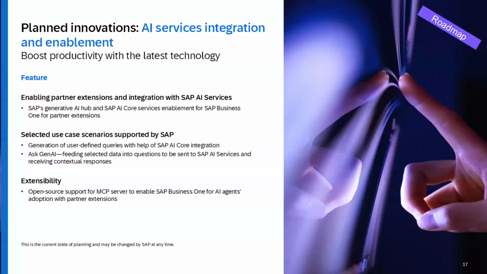But in addition to that, we have various use cases that we want to deliver. We're delivering the first two, Ask AI and AI UDQ, with 2608. There will be more. There will be many more. And of course, AI will eventually be a very significant part of the web client. We also are planning to release an open source MCP server that you can use.